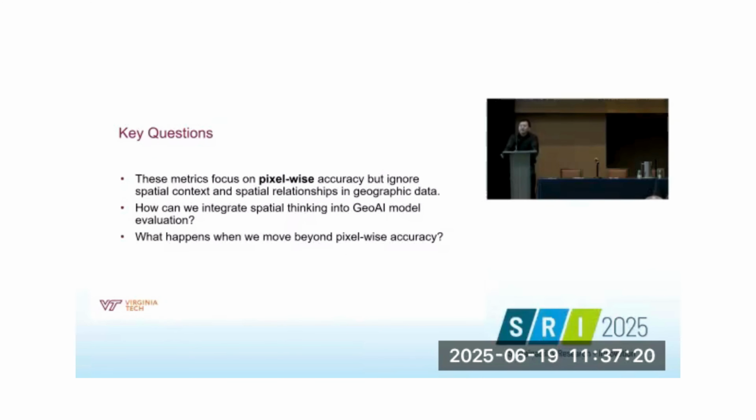We look at whether it's right or wrong at each pixel, but the spatial relationship or the spatial accuracy is often ignored. So I'm thinking about how we can integrate spatial thinking in the GeoAI model evaluation, and what we can do when moving beyond pixel-wise accuracies.